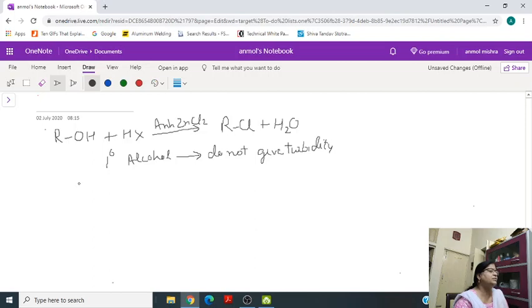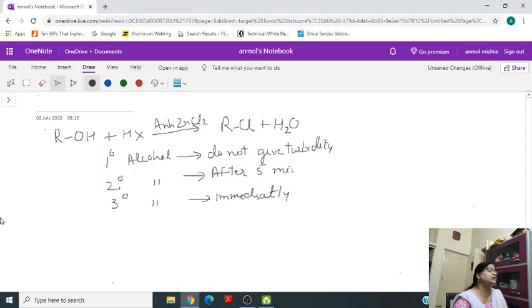Secondary alcohol gives it after 5 minutes, and tertiary alcohol immediately.